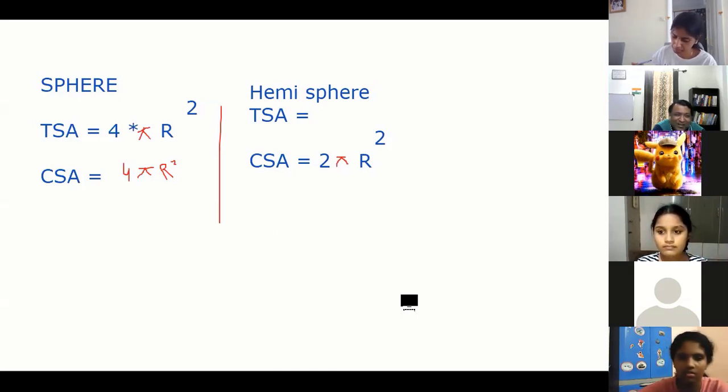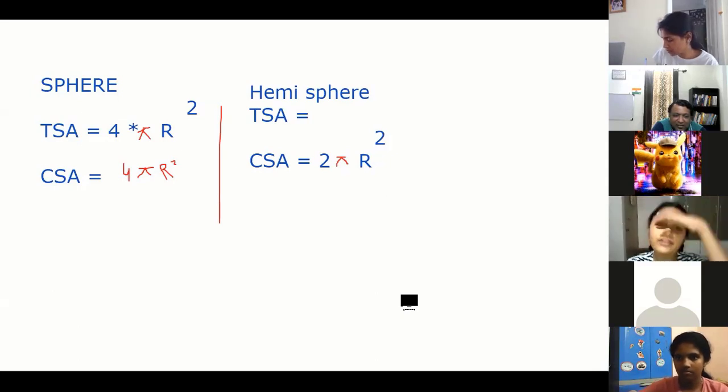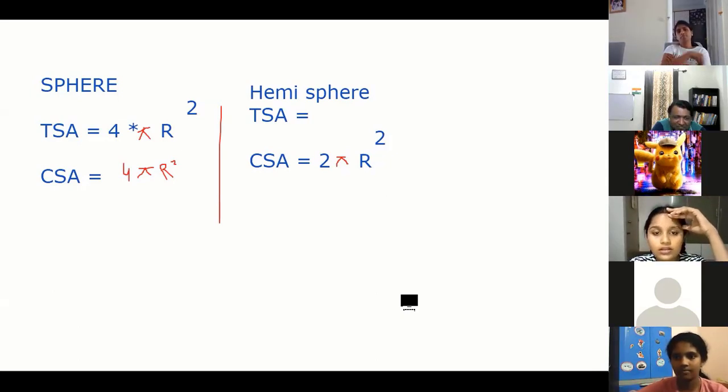If you just imagine, you'll get it very quickly. Different, sir. Suppose you have a ball and you cut it, there is something solid. Correct, it's different, but how much?